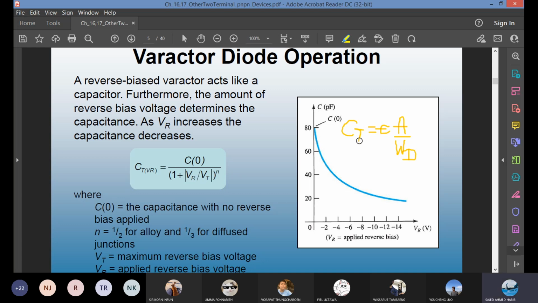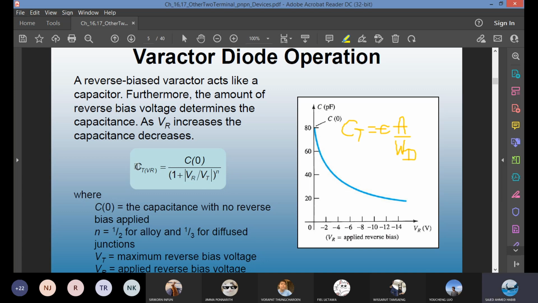There are some other formulas, but it is not necessary for solving problems. There's a thermal voltage equation using the Boltzmann constant. V_T is k times T_K over q. q is the charge in Coulomb, small k is the Boltzmann constant, and T_K is the temperature in Kelvin.